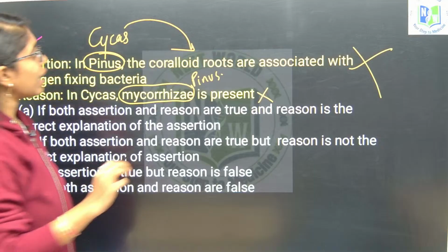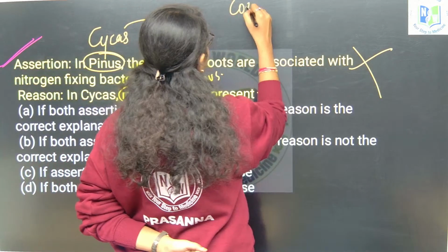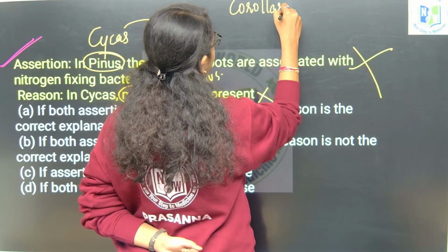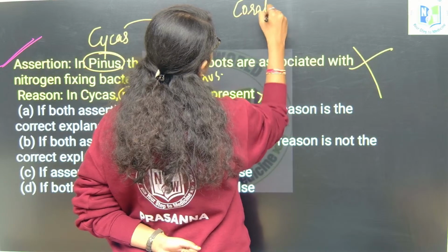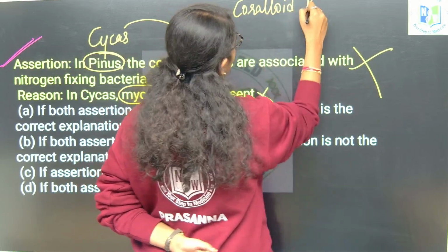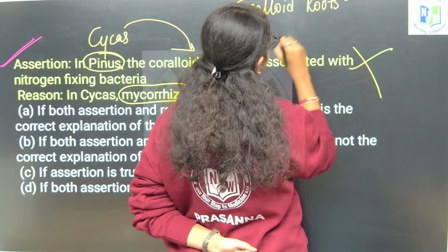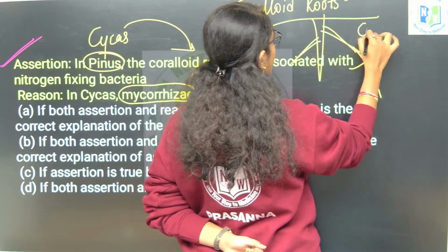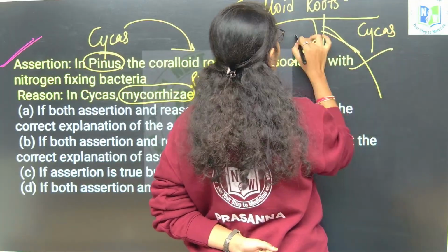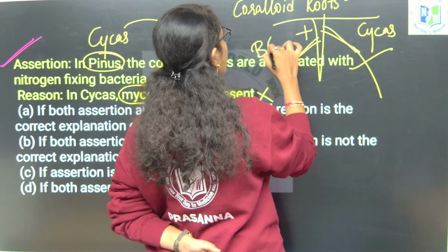Once let us recall about coralloid roots and mycorrhizal roots. Coralloid roots are the symbiotic association between the roots of Cycas and BGA, blue-green algae.